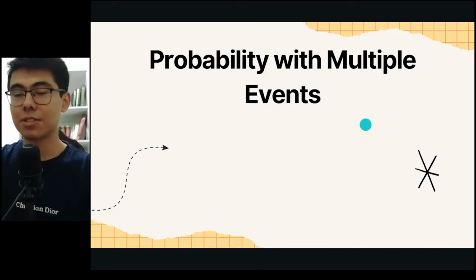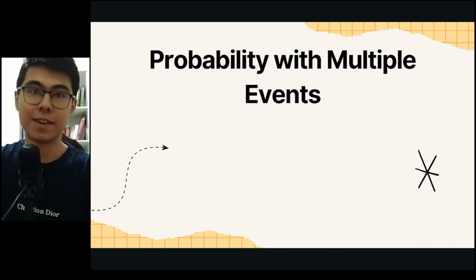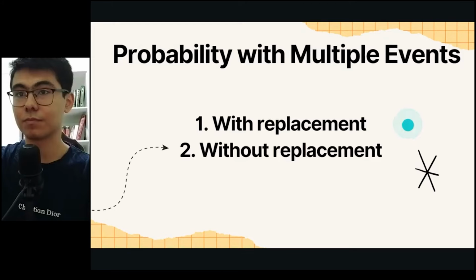So, let's first of all start off with probability with multiple events. And first of all, there are two types of probabilities, and the first one is with replacements, and the second one is without replacements.